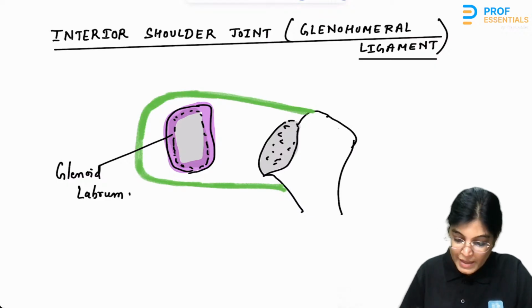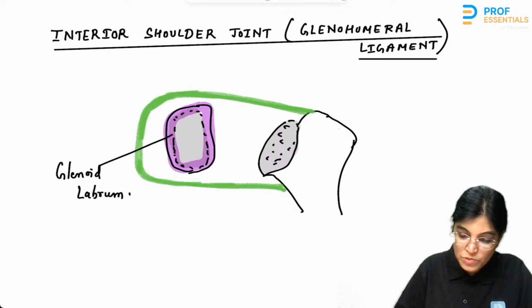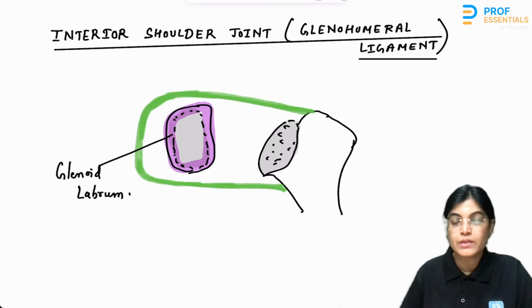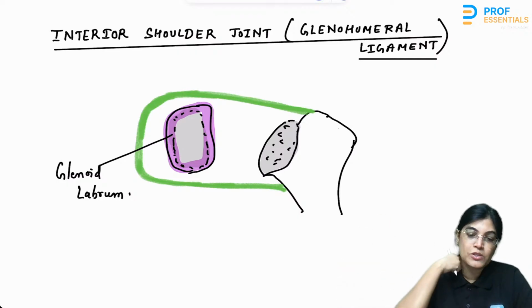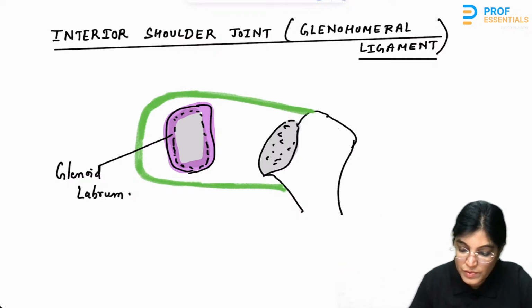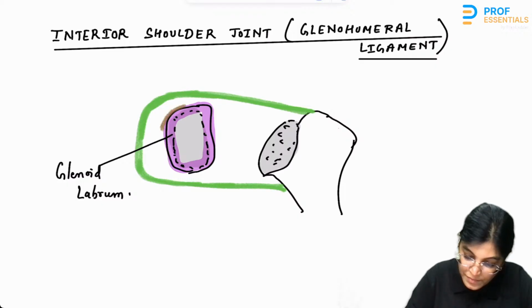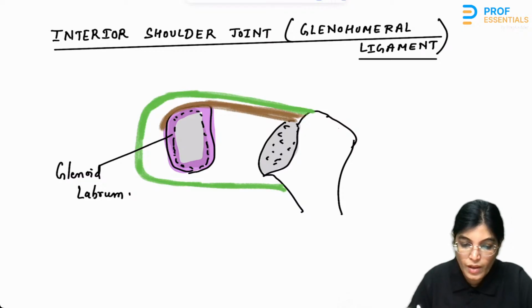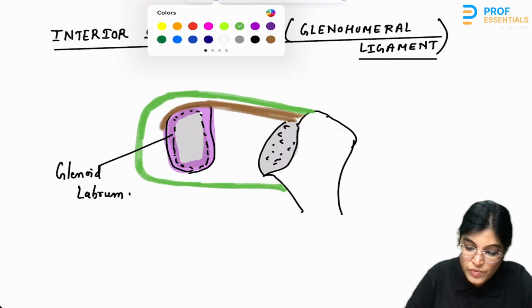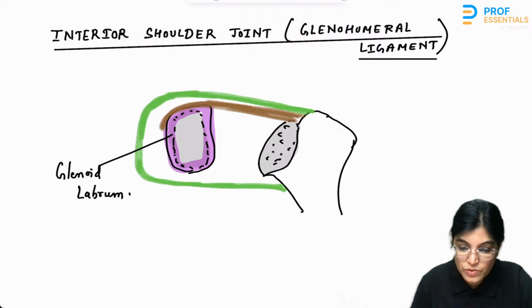And also in the superior aspect, I would like to show you one muscle. Which muscle is this? We will have the long head of biceps brachii, which will be traversing through it. And the three parts which we will make is the glenohumeral ligament. So we'll make the glenohumeral ligament here.